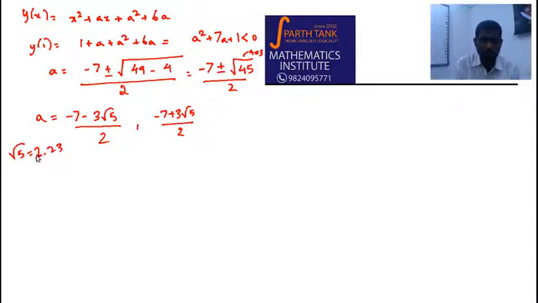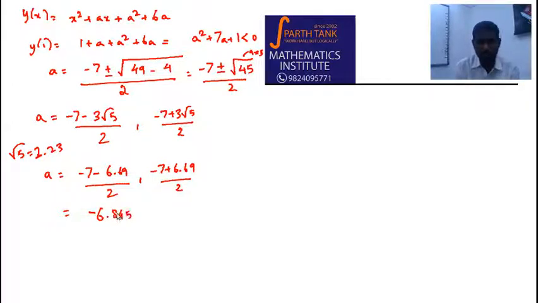So this whole thing is going to be: a is minus 7 minus 6.69 by 2 and minus 7 plus 6.69 by 2. Now this is going to be minus 13.69 by 2, which is minus 6.845, something like that.